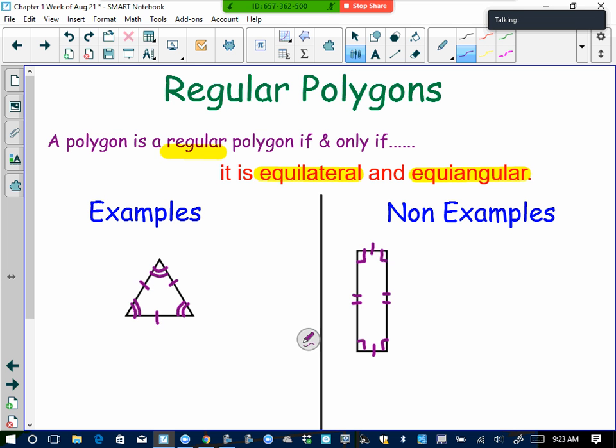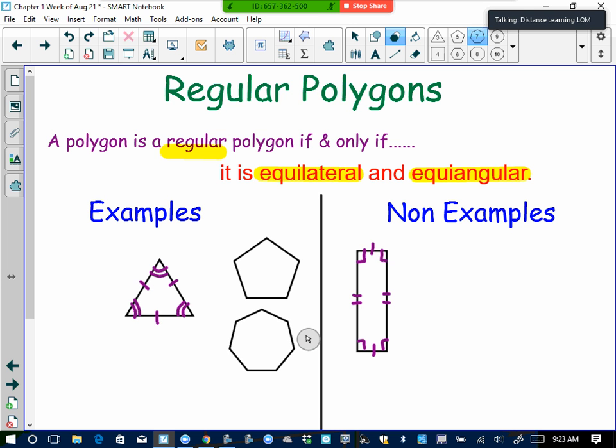What about another, so examples for regular just mean all sides and all angles have to be the same. So these are all regular polygons. Sometimes my smartboard's a little distorted, but it actually looks pretty good. Non-regular polygons, you could have a triangle, right? It doesn't have to be.